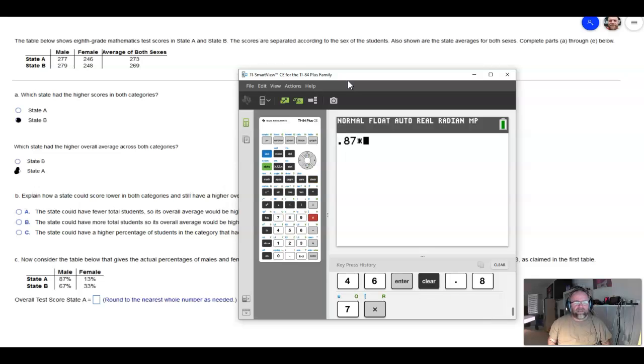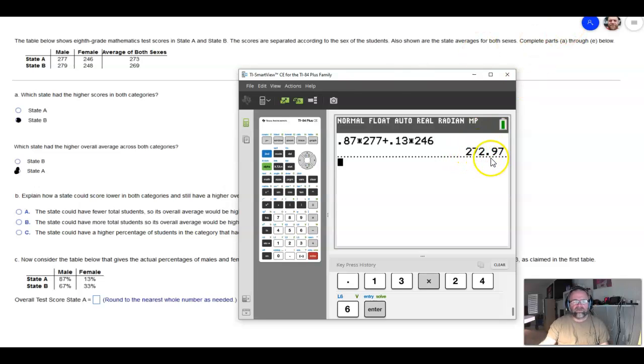We're going to multiply that by the number of males, so that's by the 277. We're looking at state A. And then we're going to add the 13%, which we can write in decimal form as 0.13, times the number of females, which was 246. And if we do that, notice we get a score that rounds to 273. And that is correct, because that's how much it was.